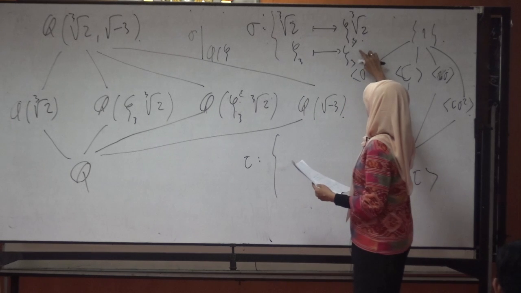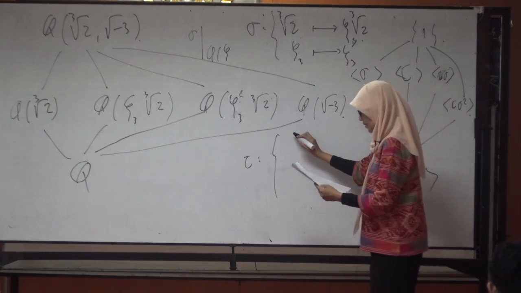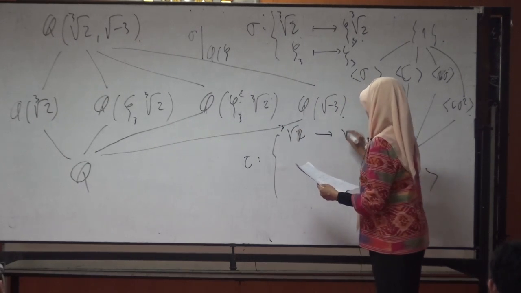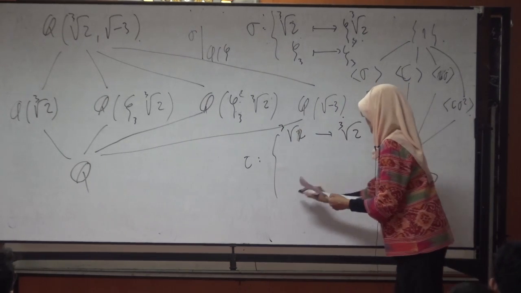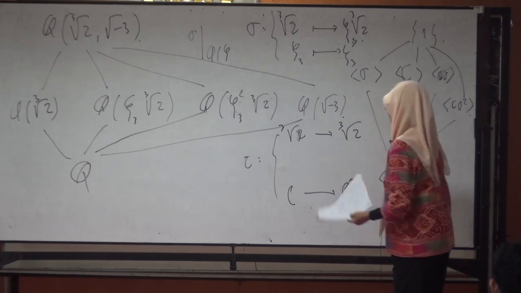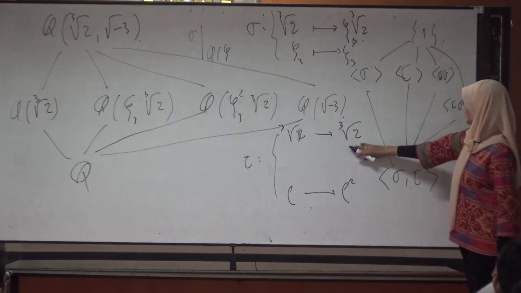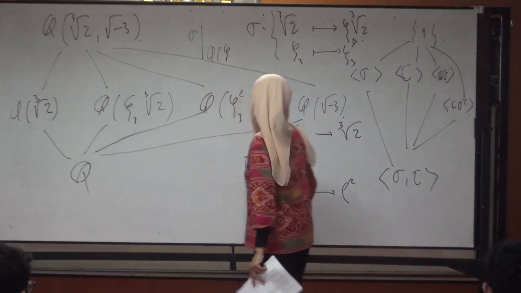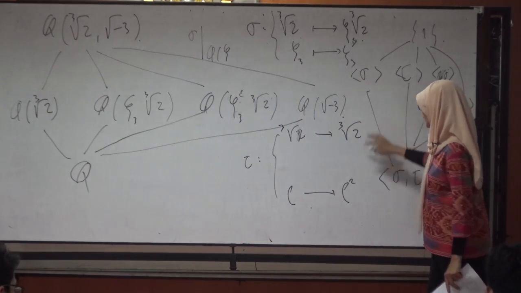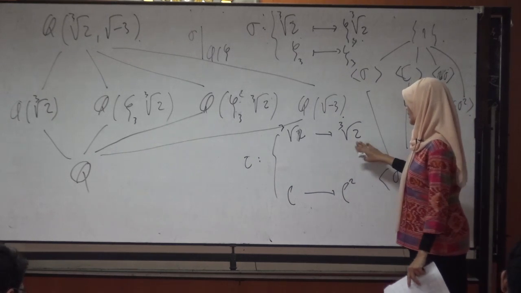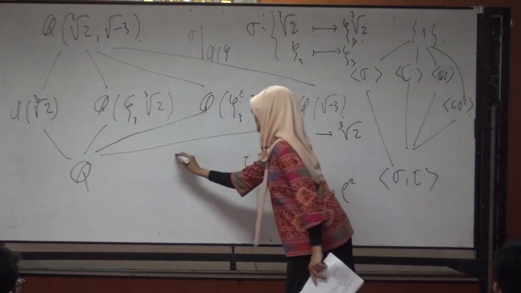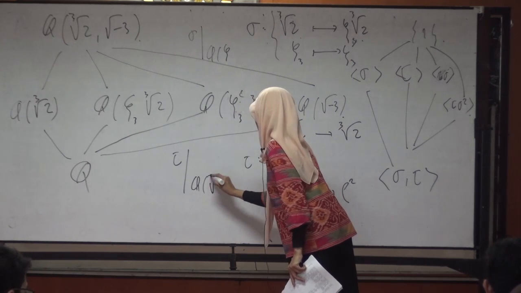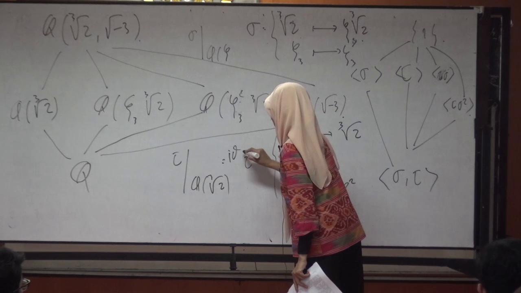This one is fixed, and this one is tau, sending to this one. This is rho, for example. This tau goes to this one, corresponding to this one, because tau fixes this root and also fixes Q. So tau restricted to Q is the identity, and this subfield.